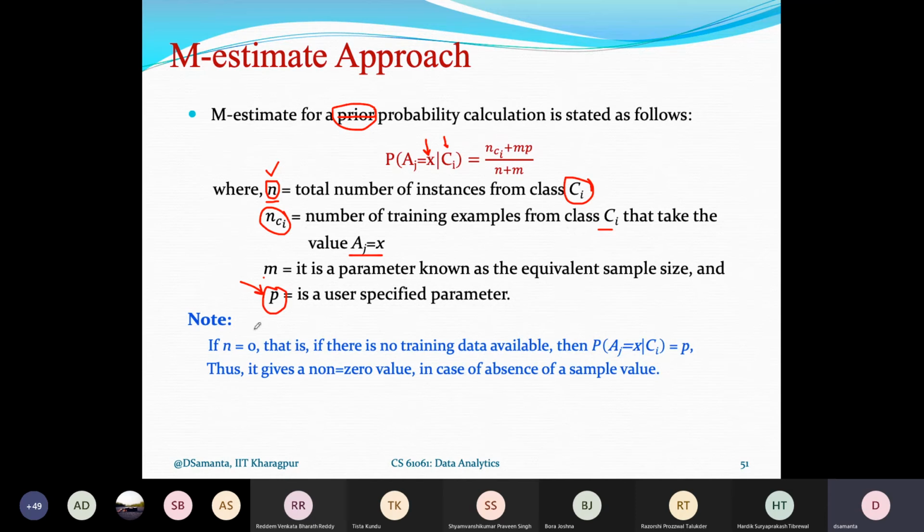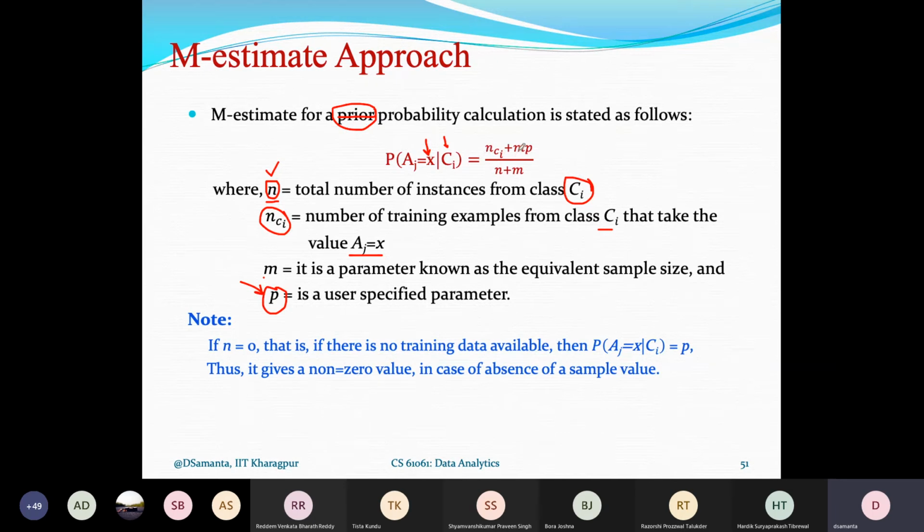Now here an example, if n equals 0, as I said, that there is no record belonging to the class CI, then there is no training data available which has the class level CI. Then it is n equals 0, m can be any value, and NCI has to be 0, right?